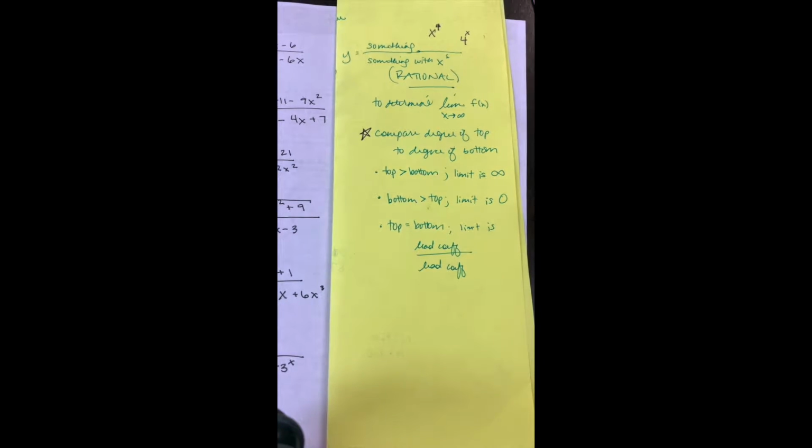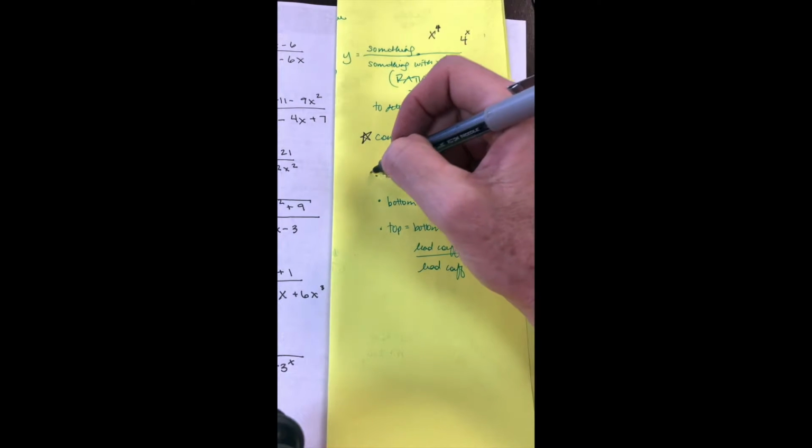Once you compare these degrees, if you're going to compare two things in terms of size, three things can happen. Either the top is bigger, or the bottom is bigger, or they're the same. These are three rules that you are going to have to memorize. There are a few things in math that you just have to memorize.